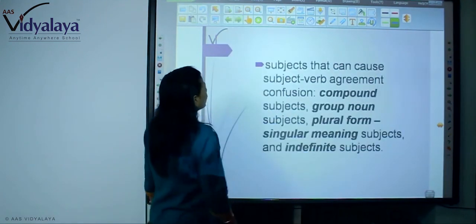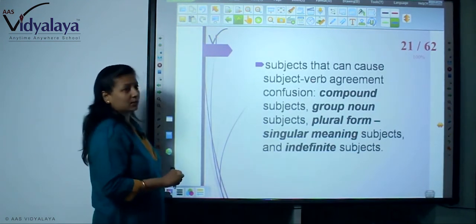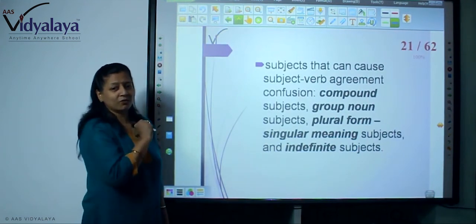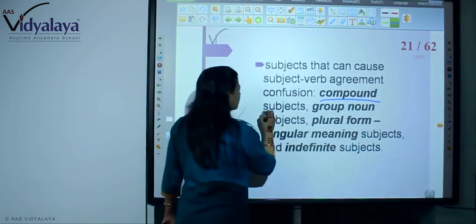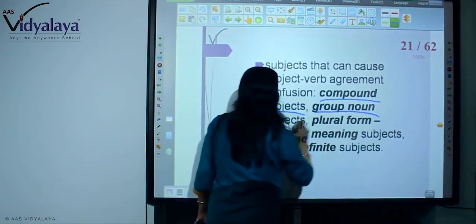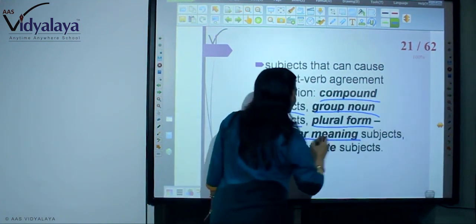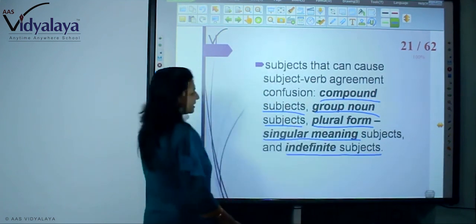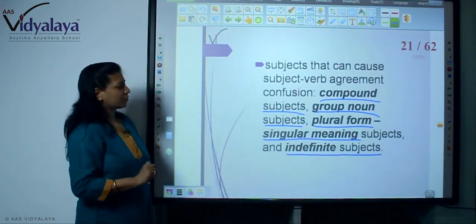So that is there. Subjects that can cause subject-verb agreement confusion. There are many types of things that can create confusion: compound subjects, group noun subjects, plural form singular meaning subjects, and indefinite subjects. These are the four things that create confusion.